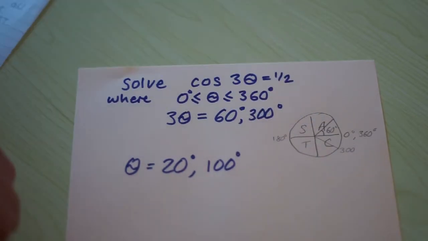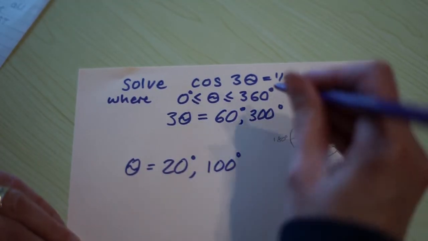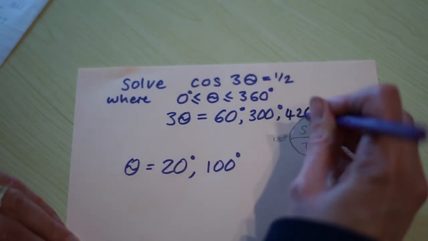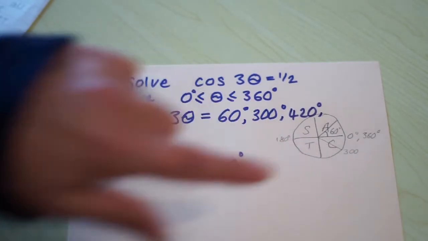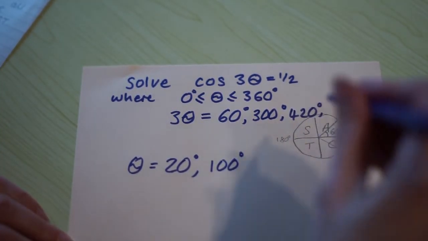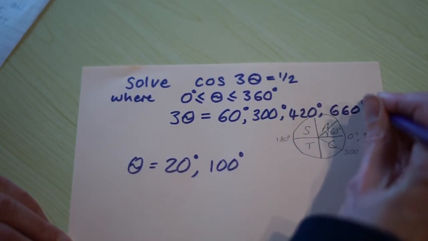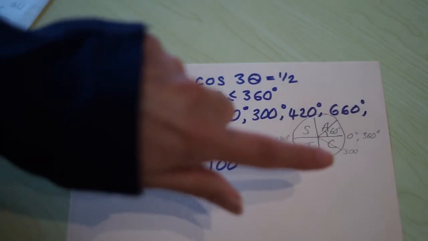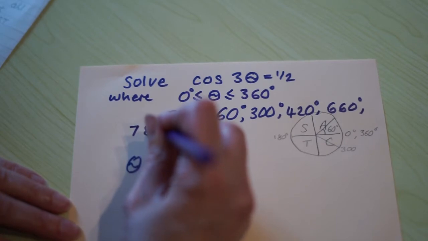If we carry on going, we've got 360 plus 60, so 420. If we carry on going round, we've got 300 plus 360, which is 660. Then we carry on going round and round. Let's do 2 more.